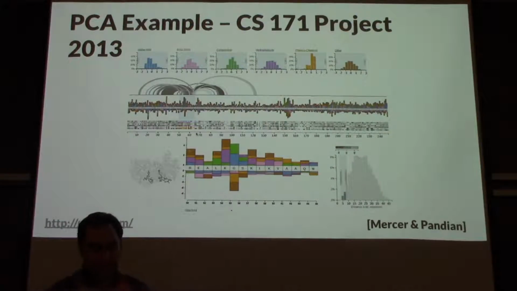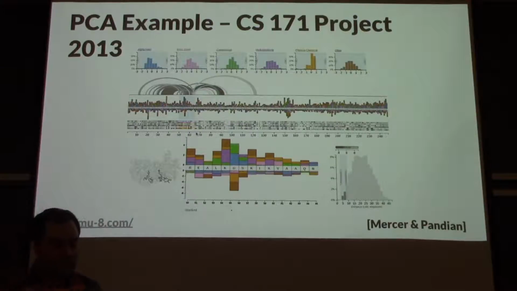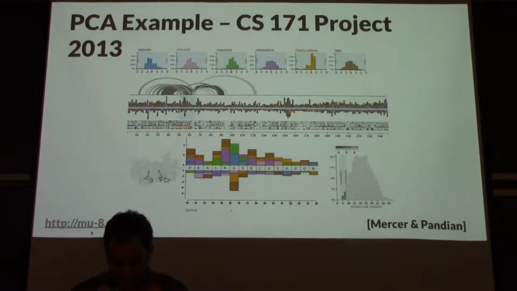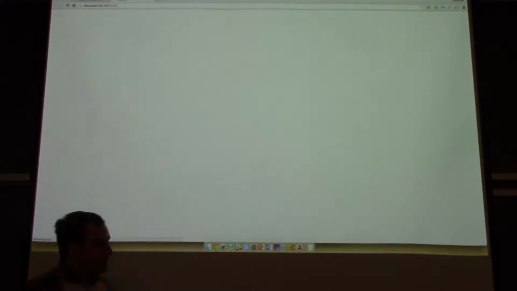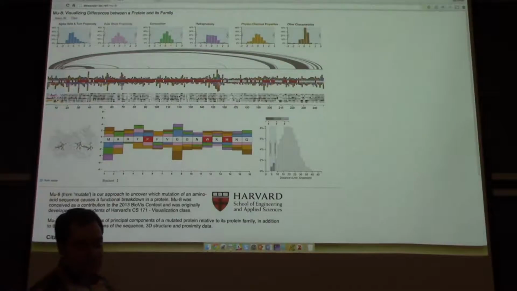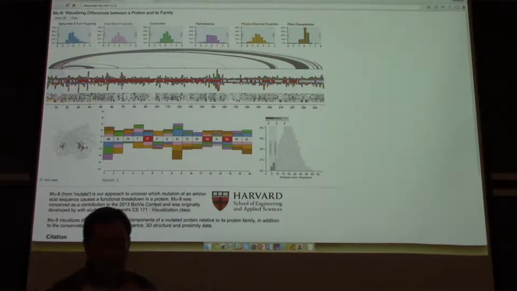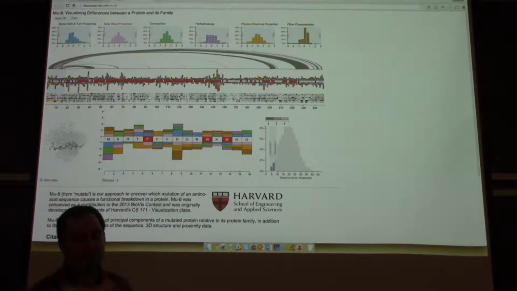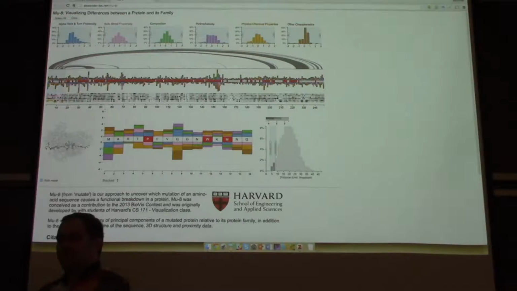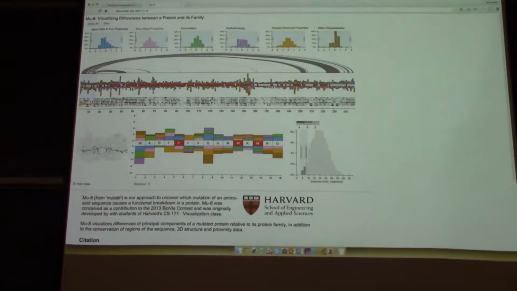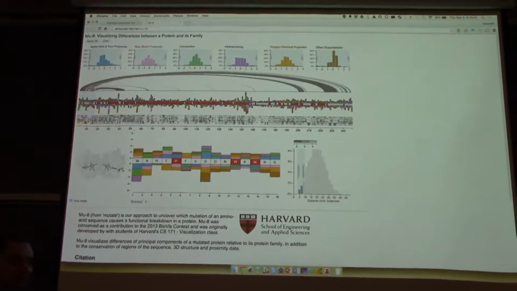I just wanted to show you one example of how principal component analysis was used in a student project a while ago. So this is a little bit tricky to explain. I'll try my best. This is a biology problem. So what we have here is a protein sequence, and what we had as input data was 200 or 300 different protein sequences, and we had a classification of which of these proteins actually produce a functional protein.